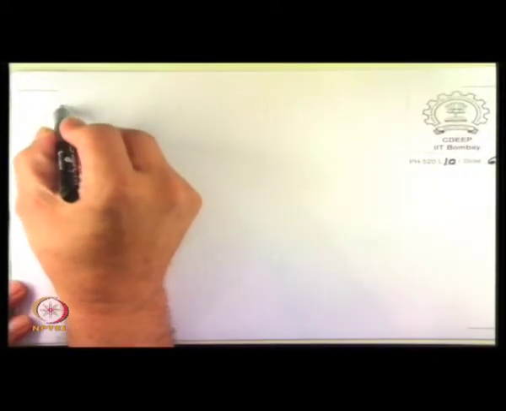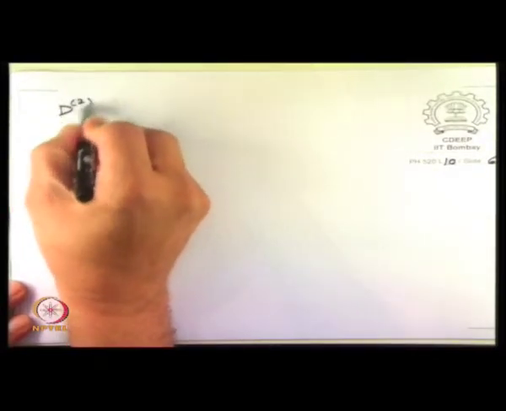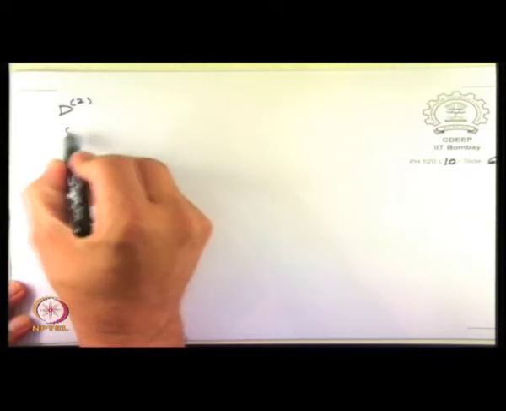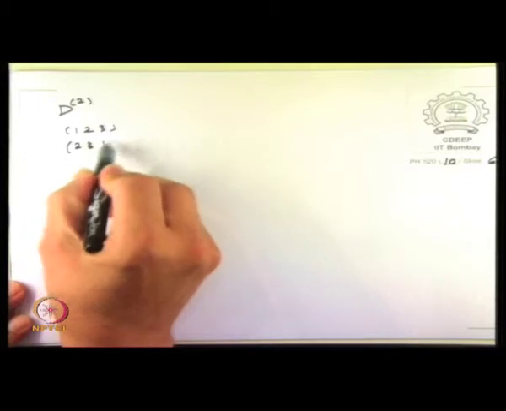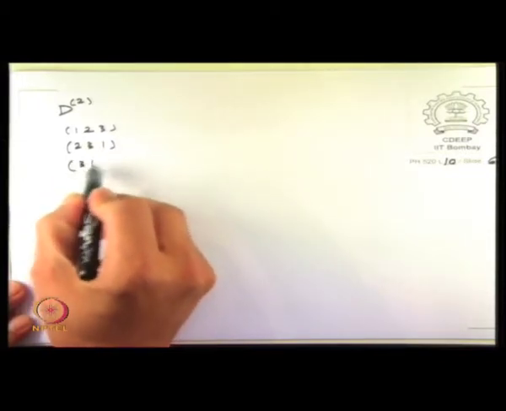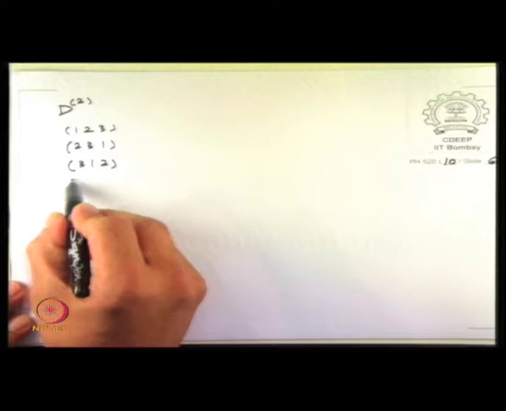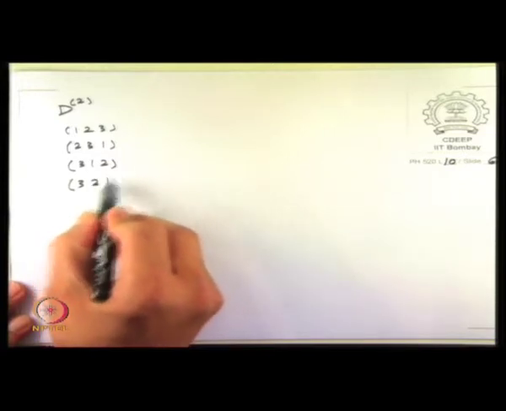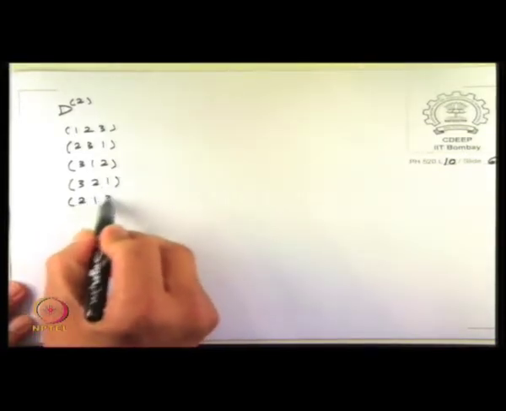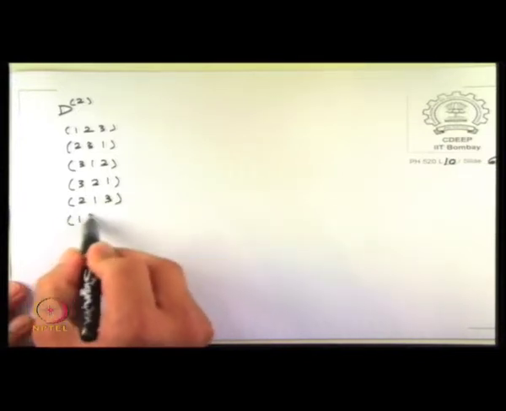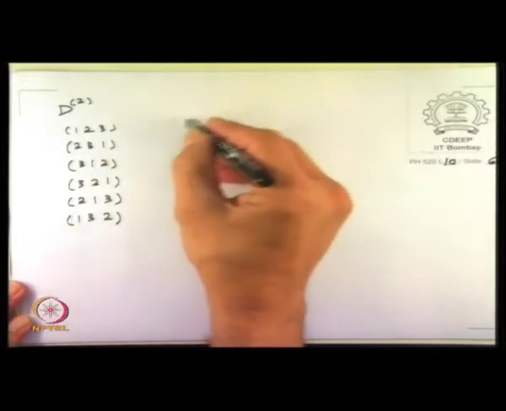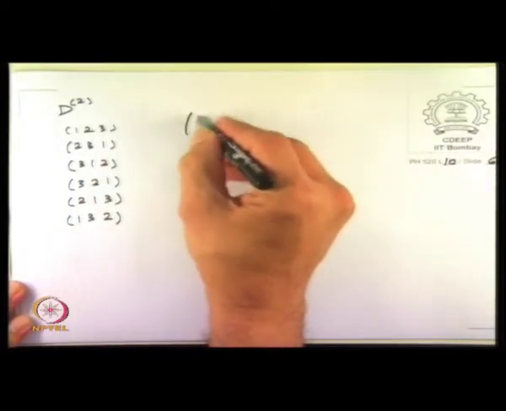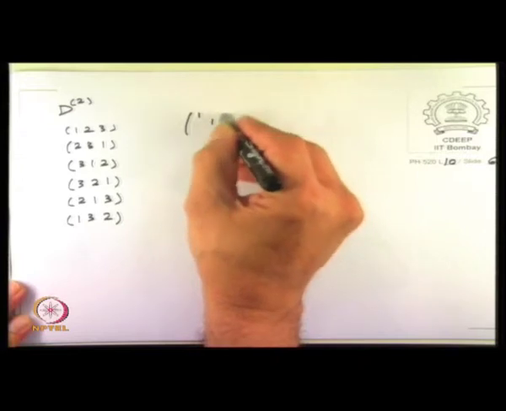So let us write those down. So the D3 for the same list. Again I packed them too closely, but this one is just identity.